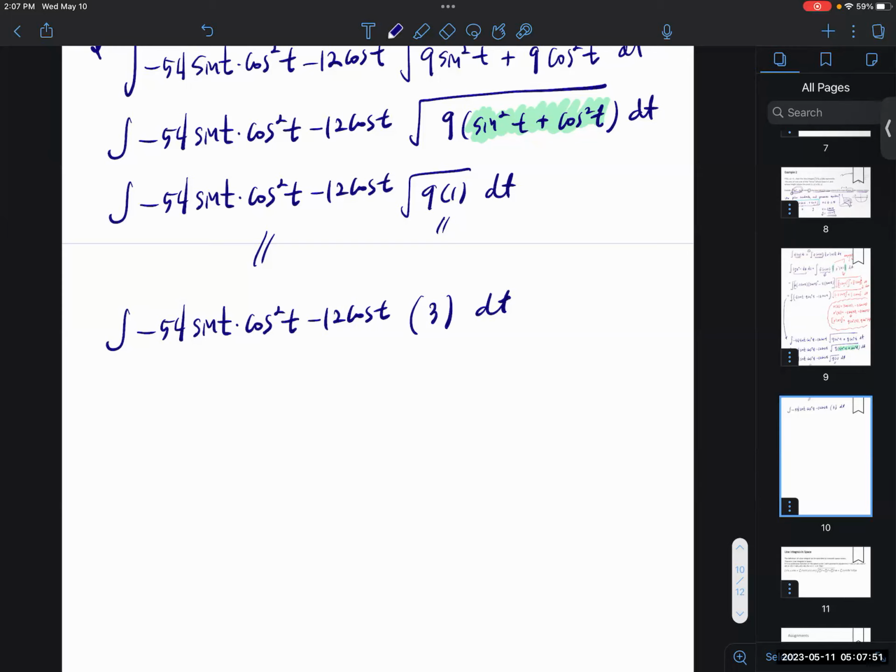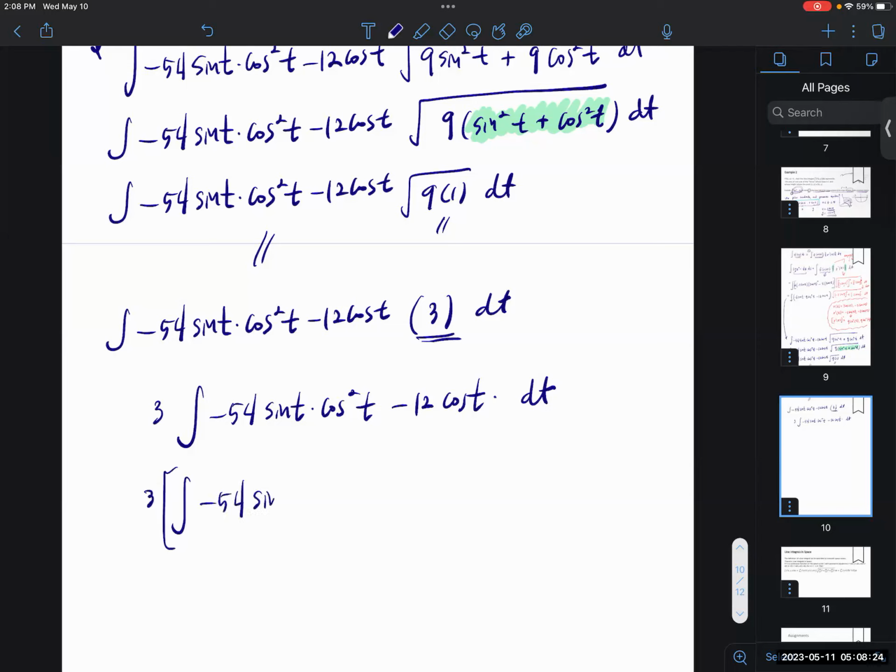So the answer will be, I'm going to bring 3, and we do have negative 54 sine t cosine squared t minus 12 cosine t dt. So what are you guys going to do? How are we going to take the integral? What kind of idea could we use? We can separate it.